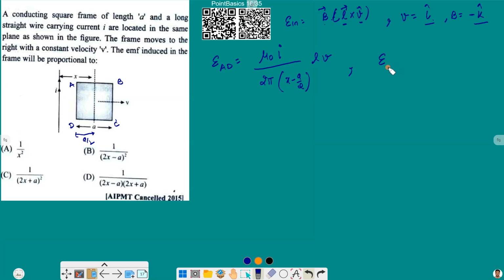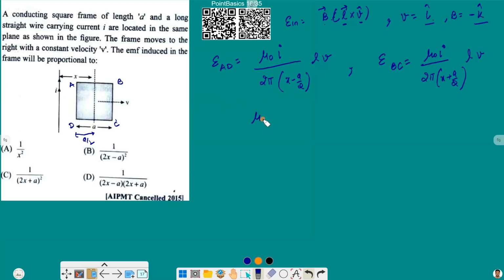Same for BC: mu naught I by 2 pi into x plus a by 2, into length and velocity. The side is a, so the length value will be a.